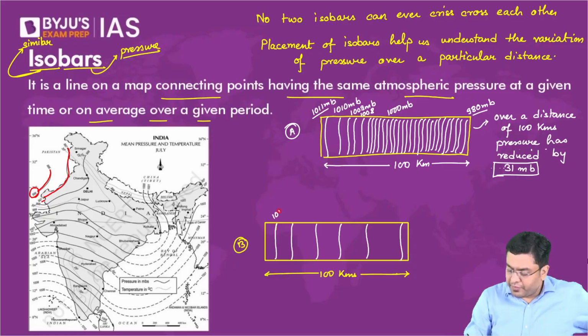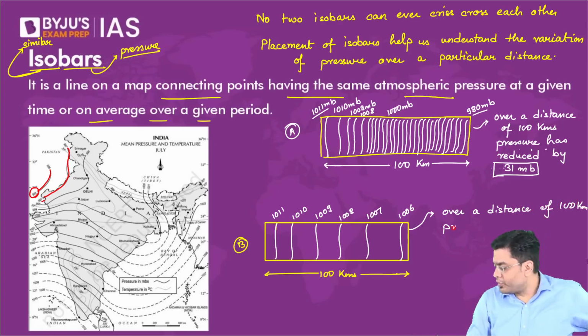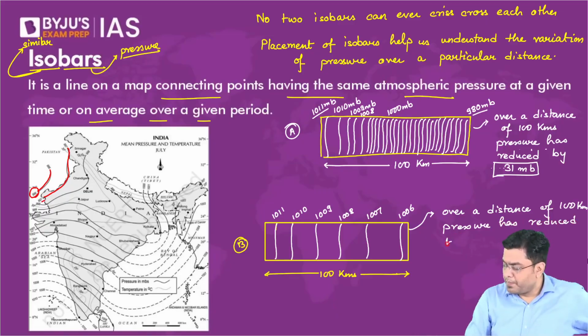If this represents 1011, this 1010, this 1009, 1008, 1007, 1006, then over a distance of 100 kilometers, the pressure has reduced by 5 millibar.